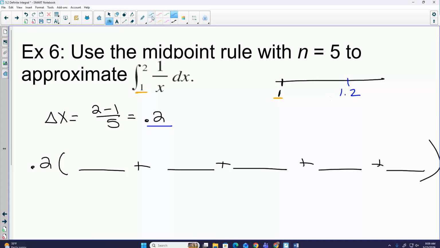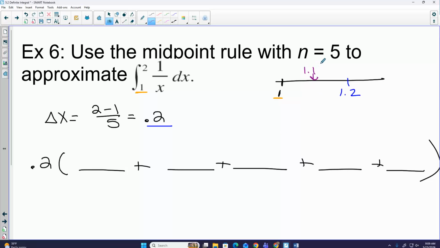If I were asking for a left sum, what would be the first number you would plug in? 1. If I asked for a right sum, what would be the first thing you plugged in? 1.2. I want the midpoint, so we need the middle. Add them up, divide by 2, just average the 2 if you can't tell, but it would be 1.5.